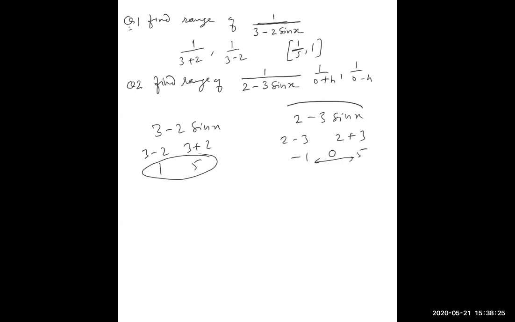Because this quantity can be 0 also. Understood the problem now? Because this is minus 3. See, the minimum value of this denominator can be minus 1, the maximum value can be plus 1. So it is changing from minus 1 to 5. This denominator, somewhere 0 is there.